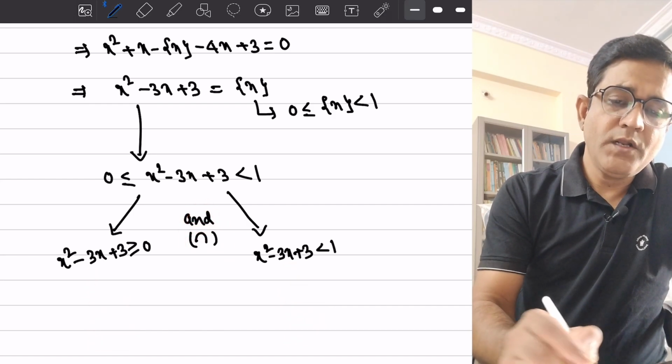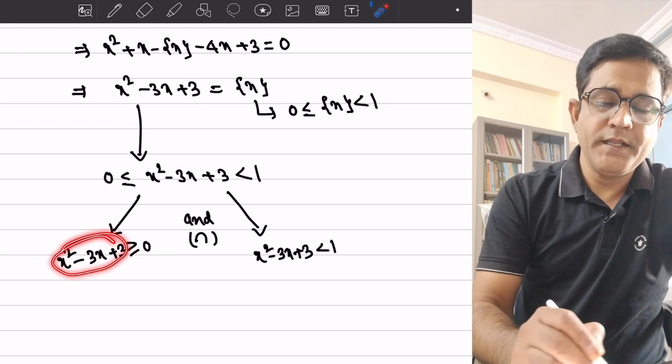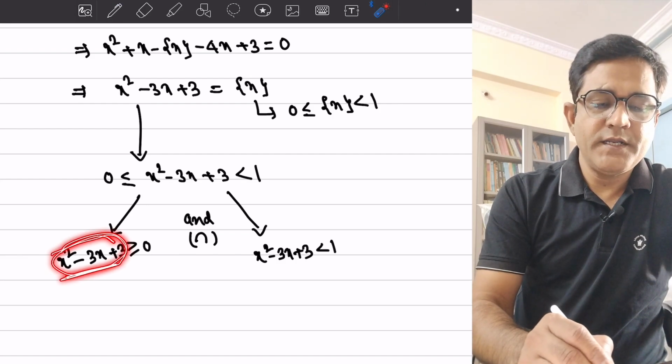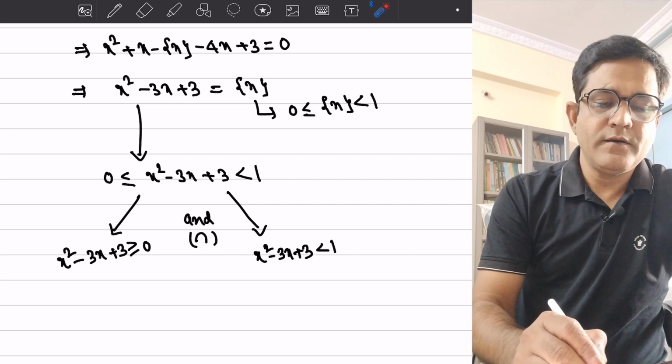Now, if you observe, this quadratic expression represents a parabola.